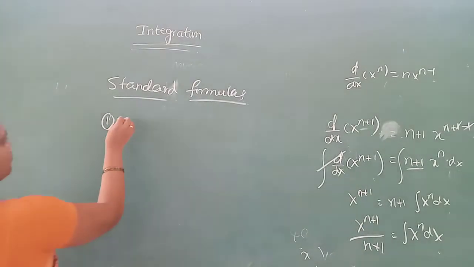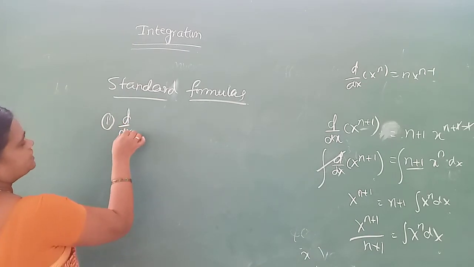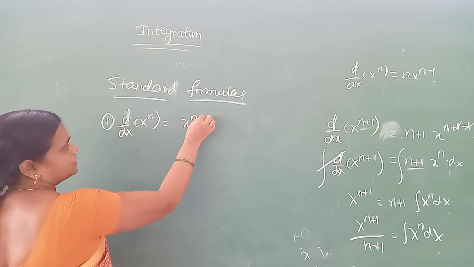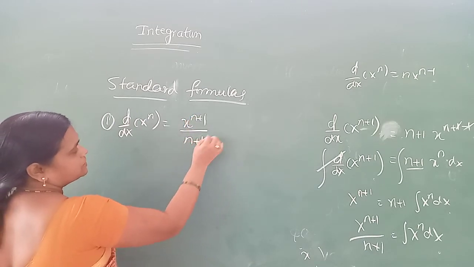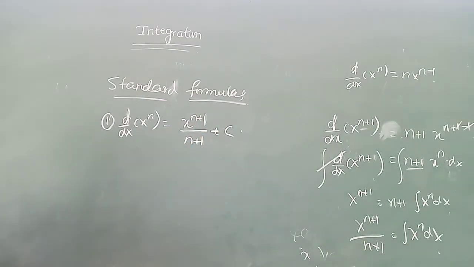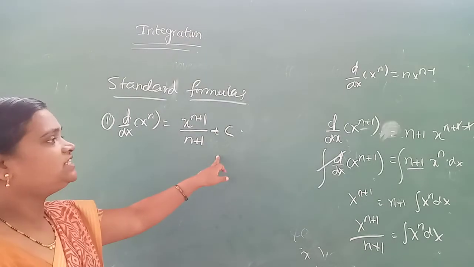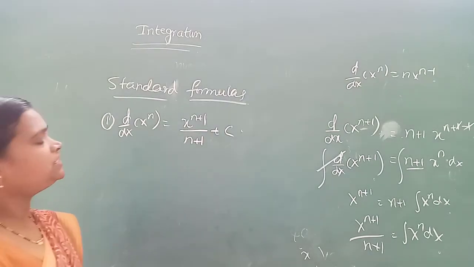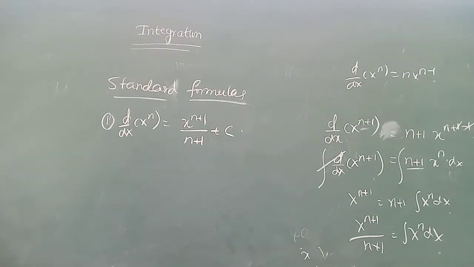Therefore, the first formula, please remember, is x to the power n plus 1 by n plus 1 plus c. If you take c, there is no effect, and this c represents the indefinite integral.